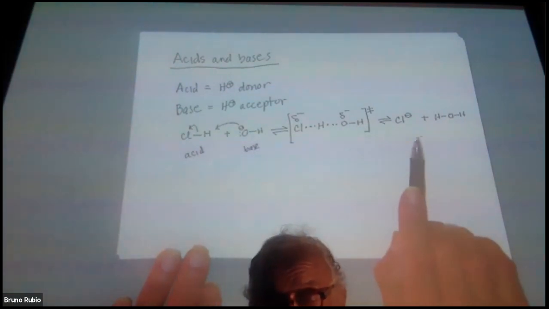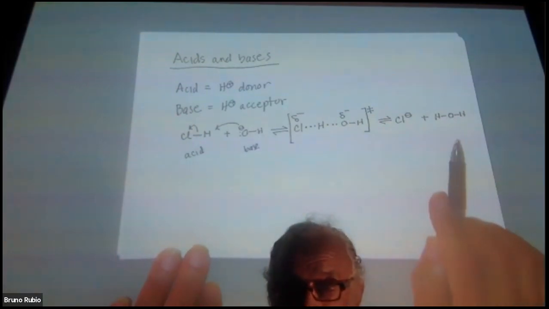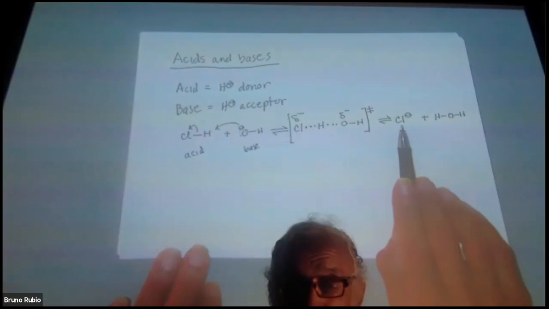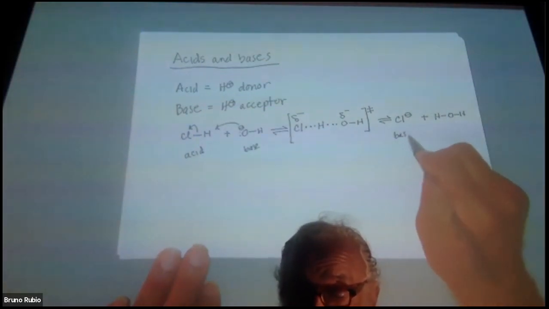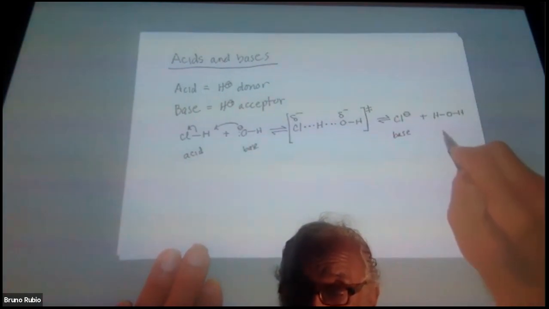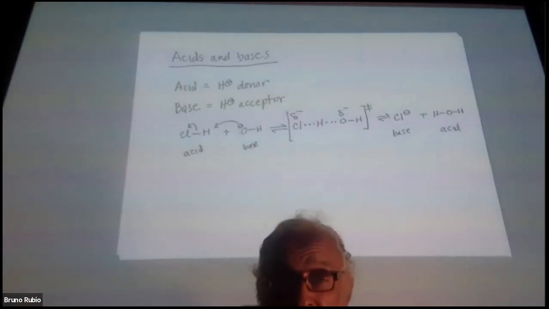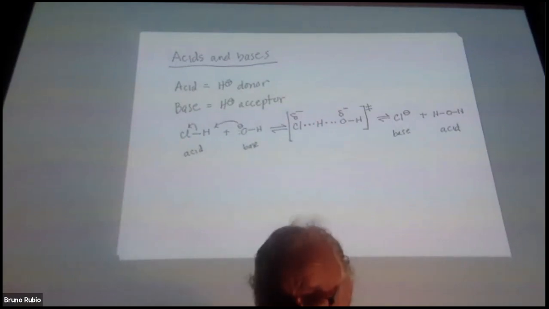They go in the forward direction, they also go in the reverse direction. And we see in the reverse direction, Cl minus is now functioning as a base, and water would function as an acid. Water is going to donate its proton to Cl minus, converting Cl minus back into HCl.